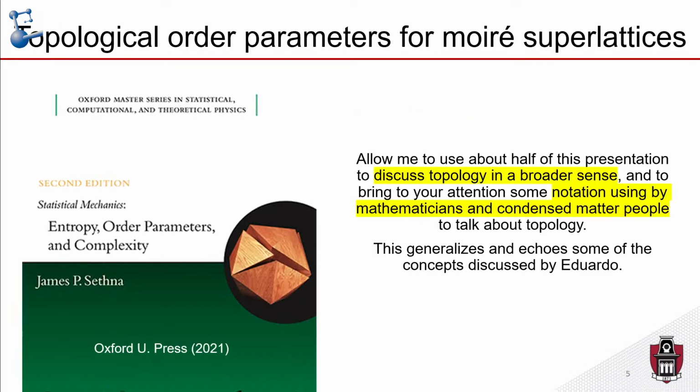Okay, so I will use half of the presentation discussing order parameters, and to be more specific, I will be introducing you to chapter 9 in Sethna's book, where a discussion of order parameters and topology is given, and to me it's the clearest one I have found ever.